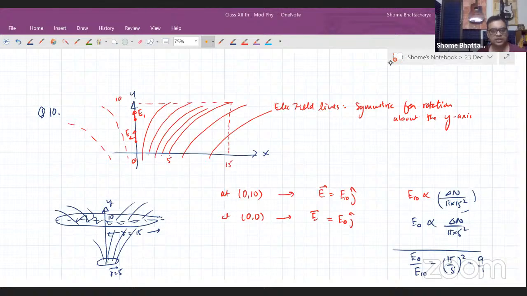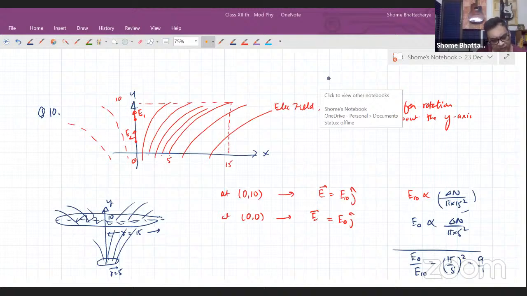So you have to change the charge to 1/9. That means the fractional change in charge will be what? 1 minus 1/9 divided by 1. So it will be 8/9. No, it's saying estimate the fractional change in charge. So that is the charge has to become 1/9. So the fractional change should be 8/9.